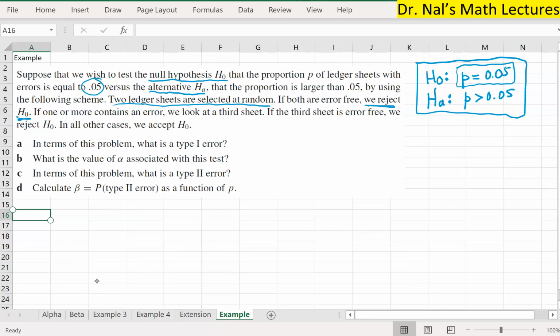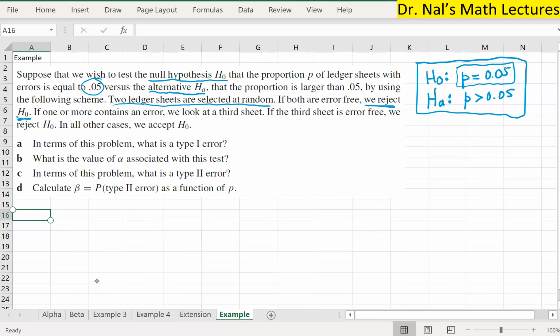Does that make sense? So technically, we should have done something like this: we randomly pick two ledgers, and if none of them contains an error, then it is in support of the null hypothesis, right? Because the null hypothesis claims that the probability of error is small. And now look at this test. I mean, this is really messed up.